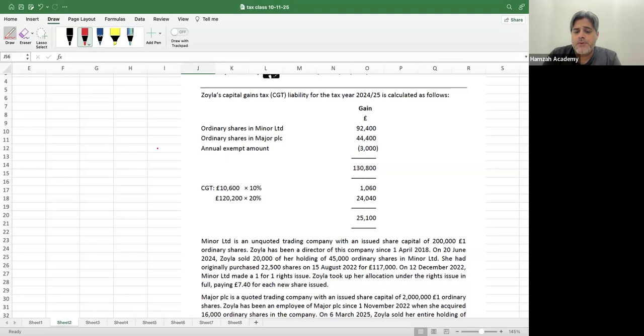She had originally purchased 22,500 shares on 15th August 2022 for 117,000, and now they have been sold. Then on 15th December 2022, Minor Limited made a 1-for-1 rights issue. Zoila took up her allocation under the rights issue fully, paying 7.40 per new share issued as well.